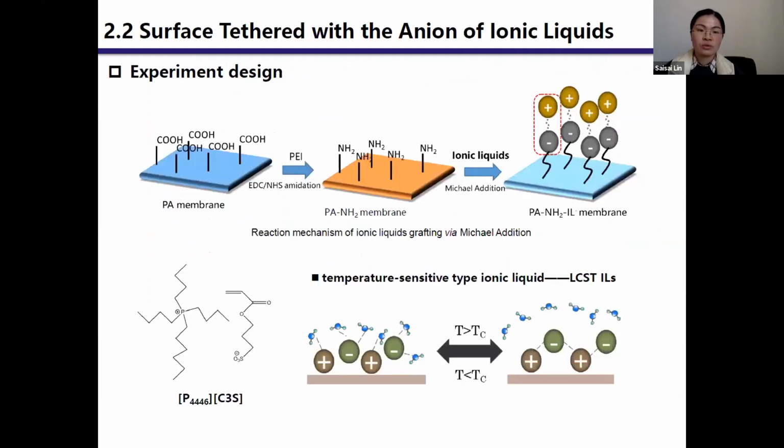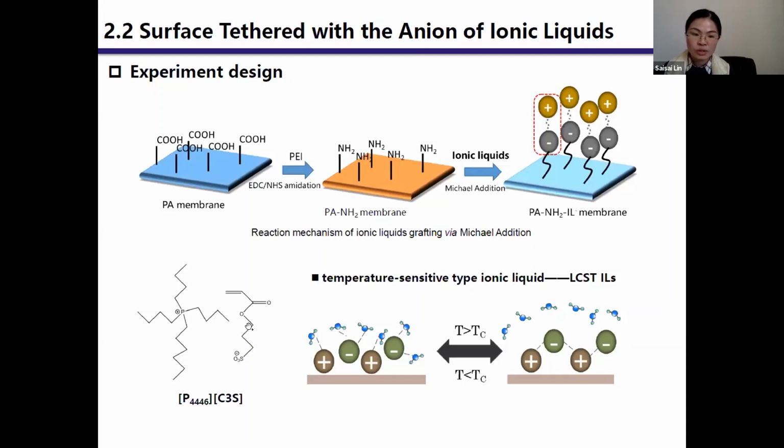Then we did the second job, where we solely grafted the anion of the ionic liquids onto the membrane by the Michael addition reaction. That was also very mild and can be carried out at ambient condition.